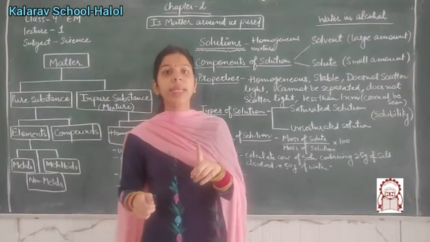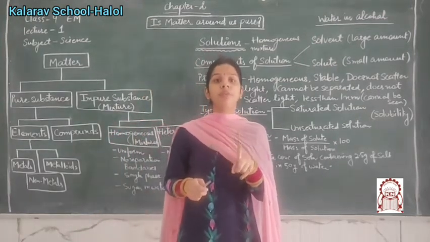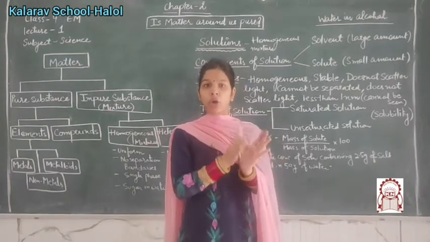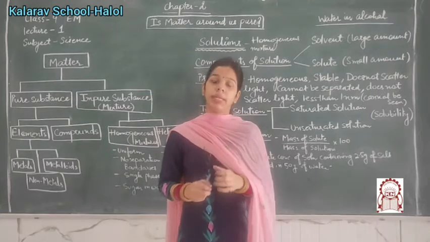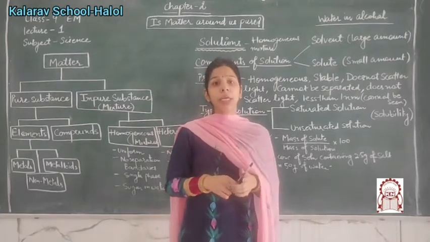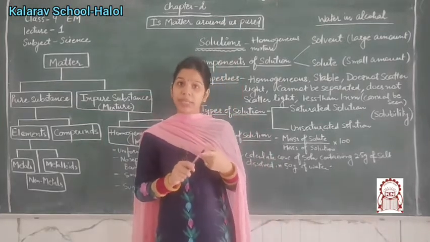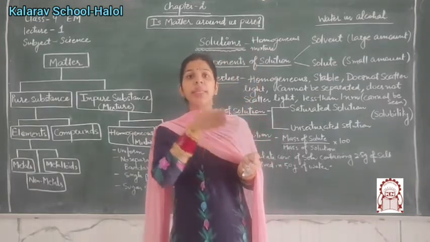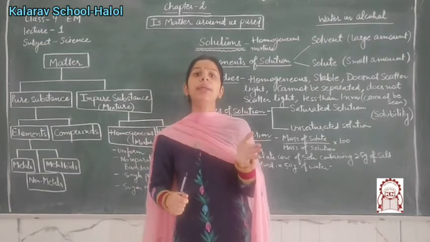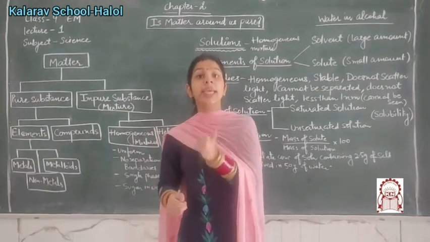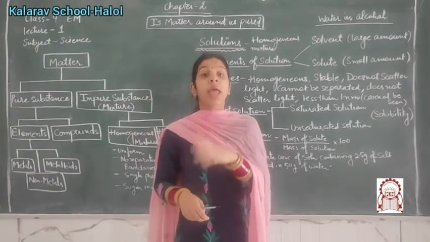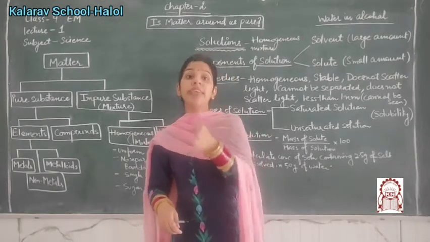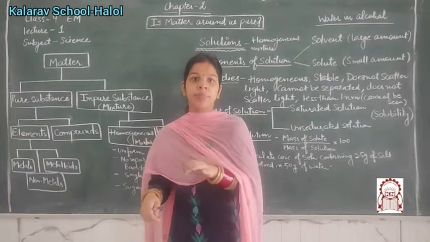Solubility can be affected by two factors, that is temperature and pressure. As the temperature increases, the solubility of solids in liquid increases. As the temperature is increased, the solubility of gases in liquid decreases.